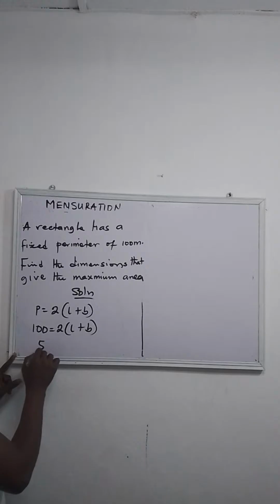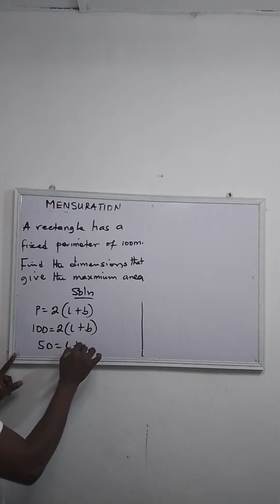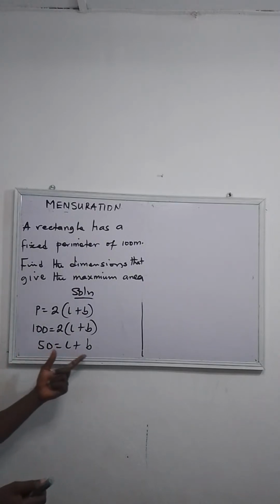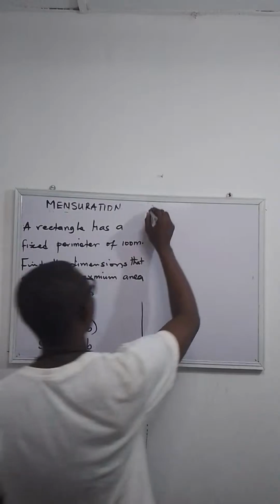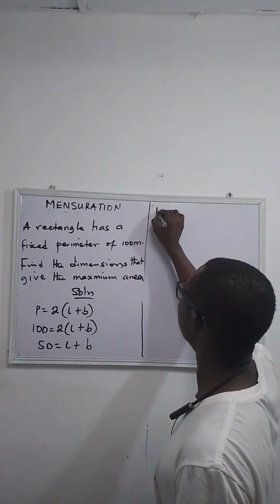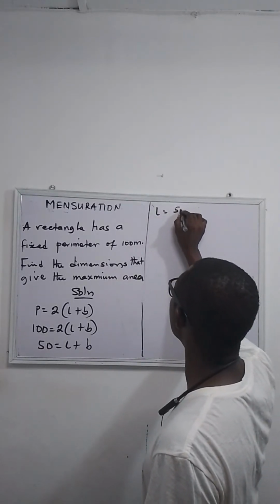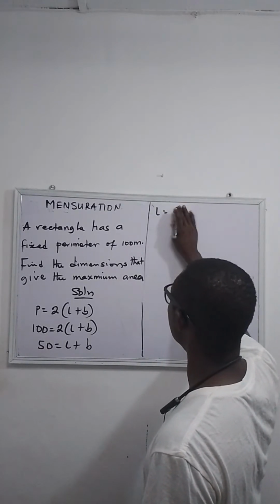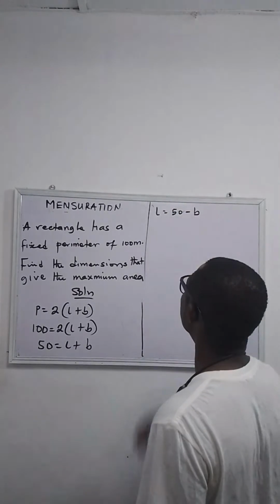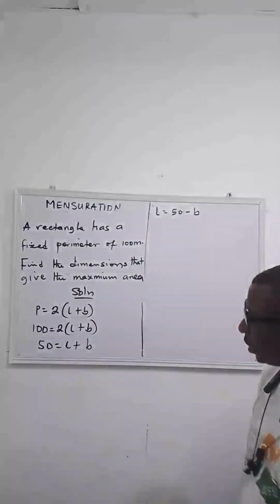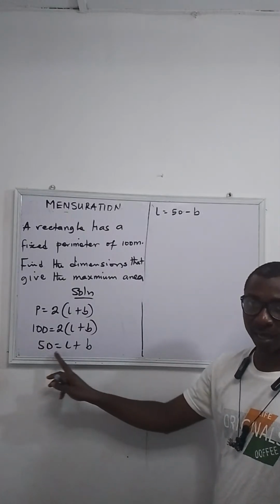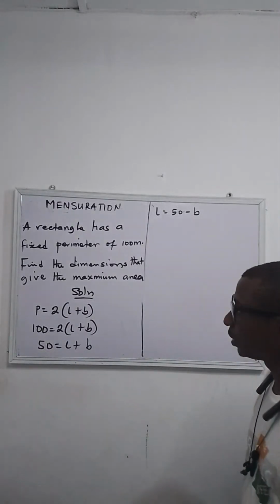So we have 50 equals L plus breadth. Now we can get an expression for either the length or the breadth. So let's get an expression for the length. So length equals 50 minus B. All right, so that's going to be the value of L when you subtract B from both sides.